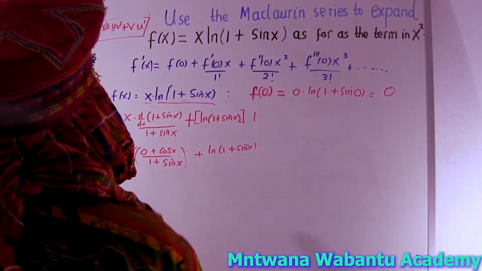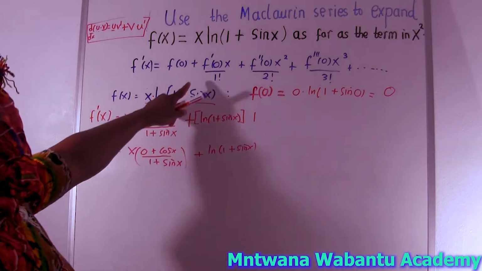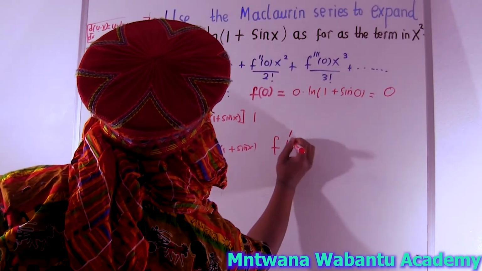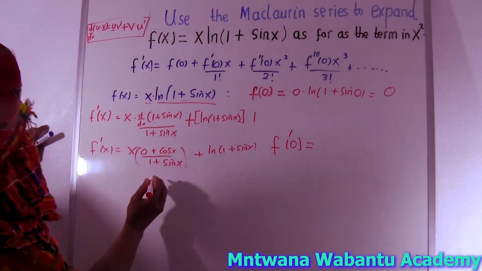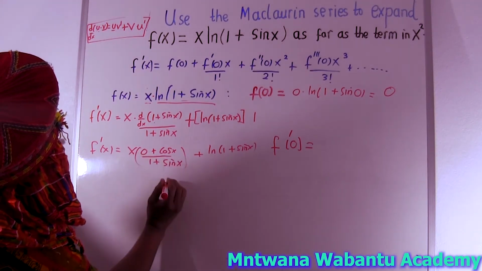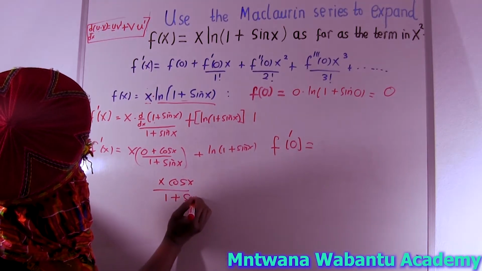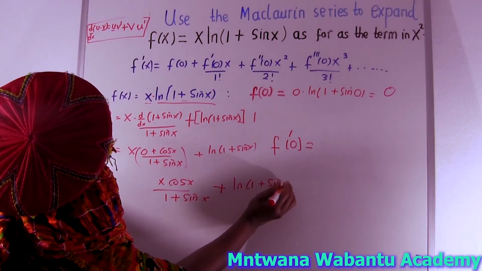So now we want to get f prime of 0, because we need to get that. So f prime of x is x cos of x over 1 plus sine of x plus ln of 1 plus sine of x.